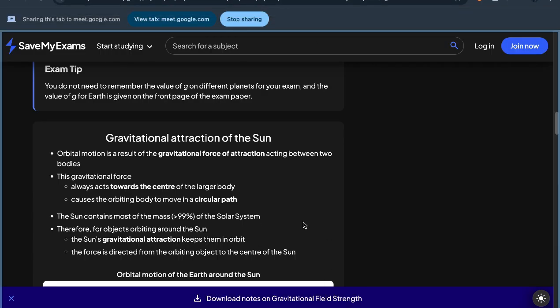So the sun contains most of the mass, about 99% of the whole mass of the solar system. The rest of the planets are only sharing less than 1%. Can you imagine that?